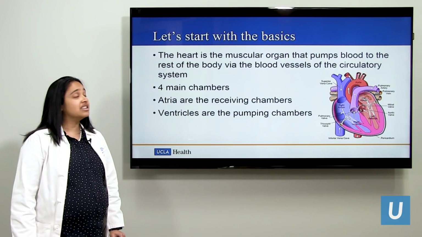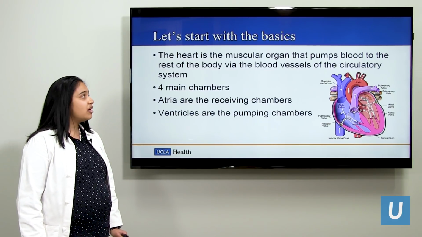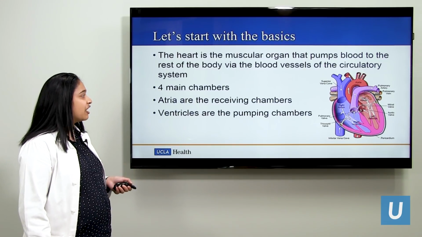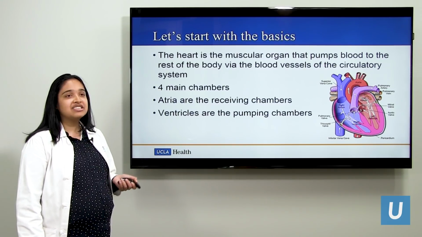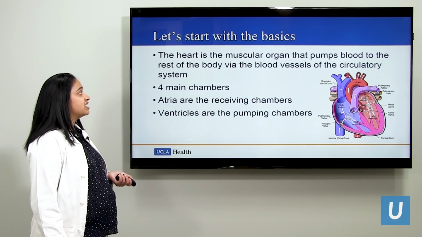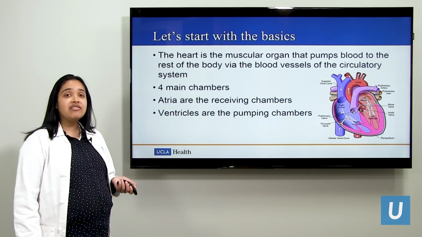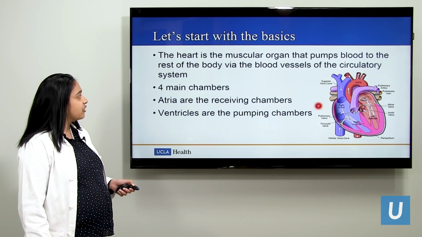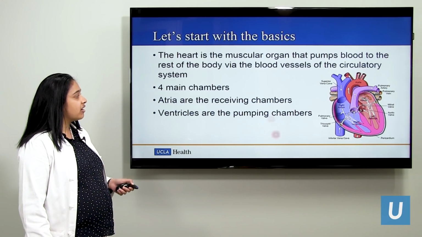So let's go back and start with the basics. I bet you all remember from your science class, maybe several years ago for some of us, that the heart is the muscular organ that pumps blood to the rest of the body via the blood vessels of the circulatory system. And if you look here on this diagram, there are four main chambers of the heart.